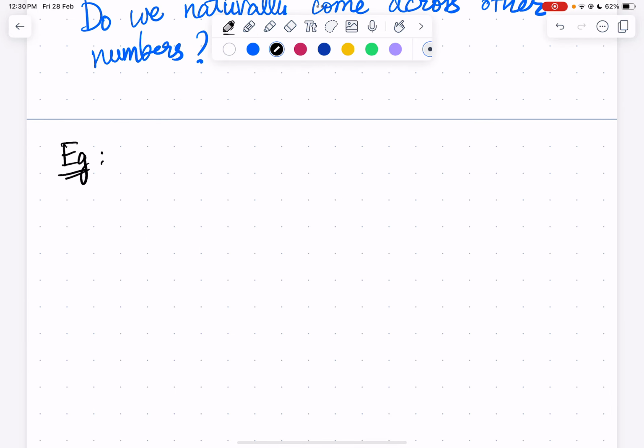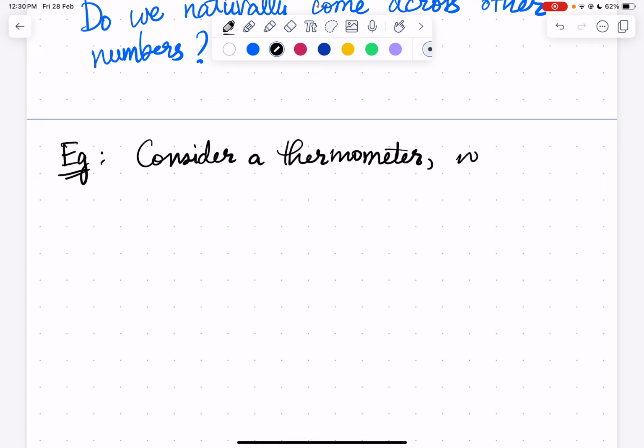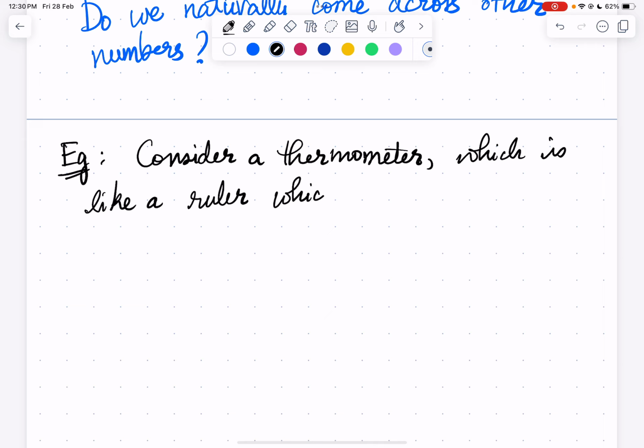Example, consider a thermometer, which is like a ruler which measures temperatures.